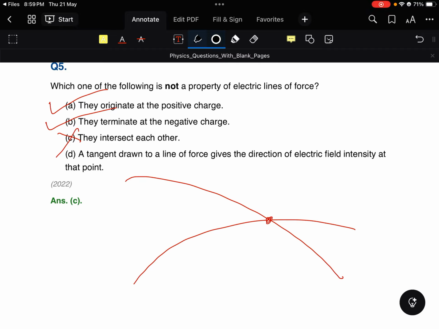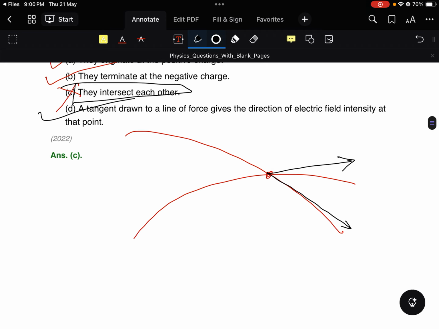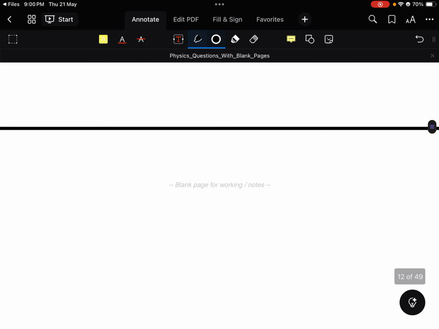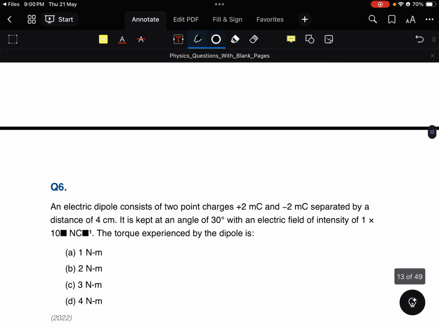What are the directions of electric field? That you know, along the tangent. So one tangent will be this, another tangent will be this, and two directions of electric field at the same point is not possible. So this is option C, this is not the property. This is the property: a tangent drawn to the line of force gives the direction of electric intensity. It is clear.